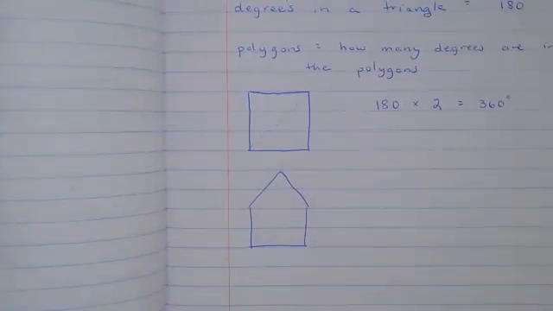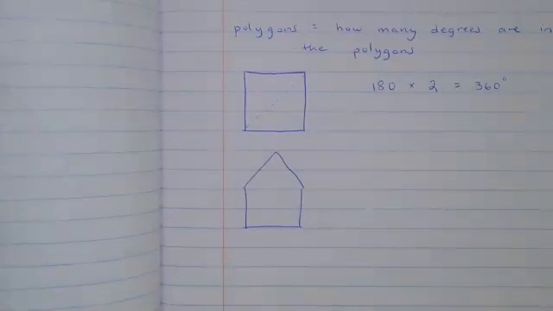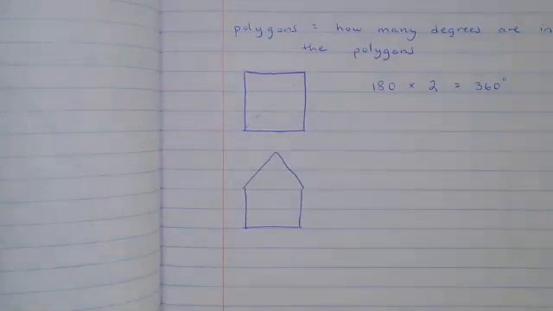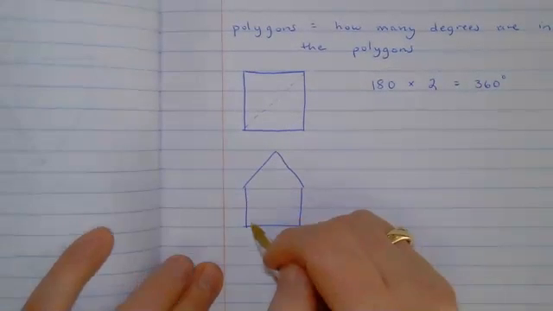So that's a pentagon, it's 5-sided. And if I draw lines to connect to create triangles, this is what it'll look like.